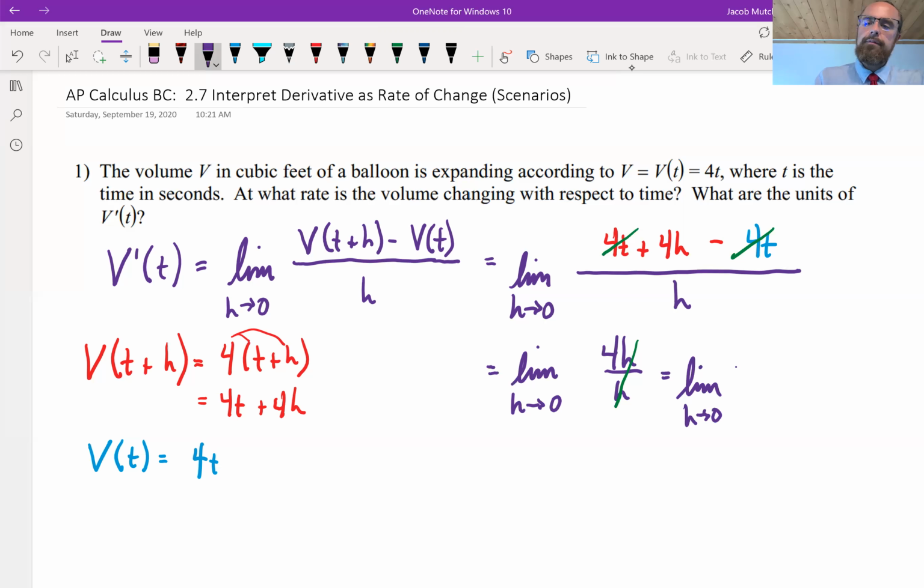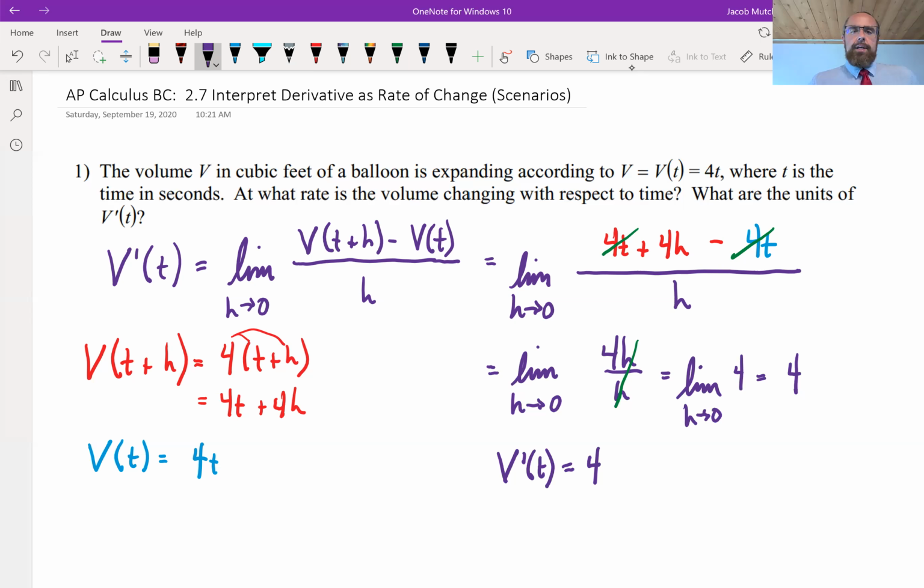Remember, if I have the limit of a constant function, in this case 4, there's no substitution to make for h since all the h's have canceled out, and that function is simply 4. So my final answer here is V prime of t, or the derivative of volume with respect to time, is simply equal to 4.